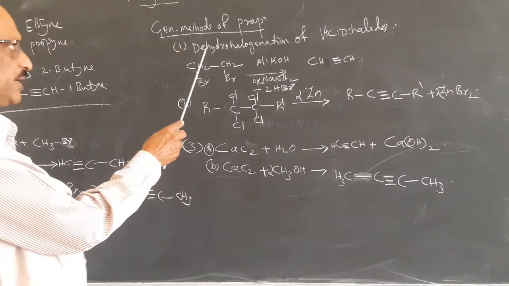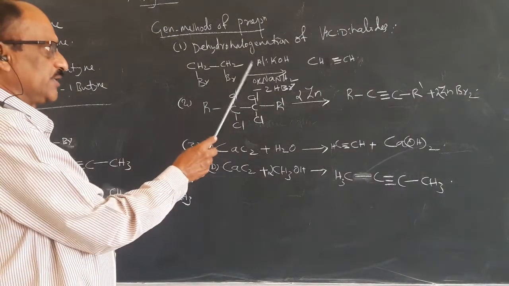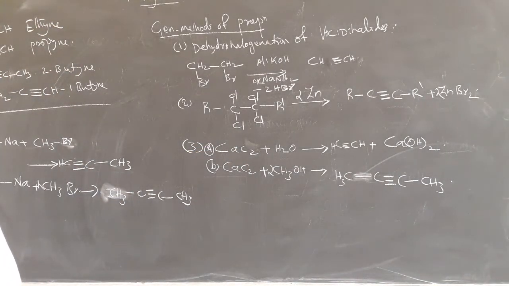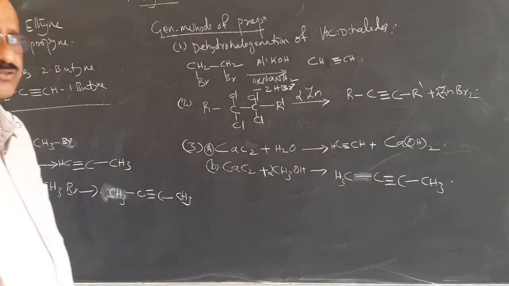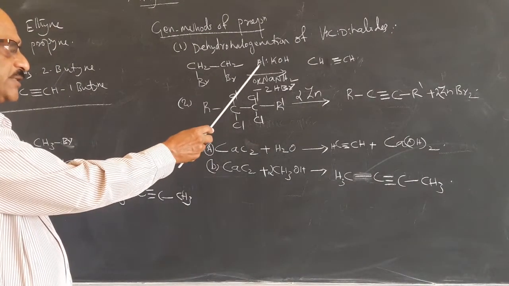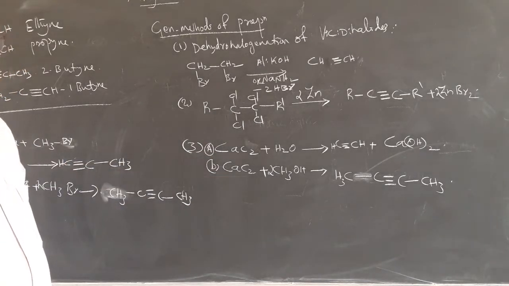For dehydrohalogenation you have to use alcoholic potassium hydroxide. In this case, sodamide, NaNH2, also can be used.